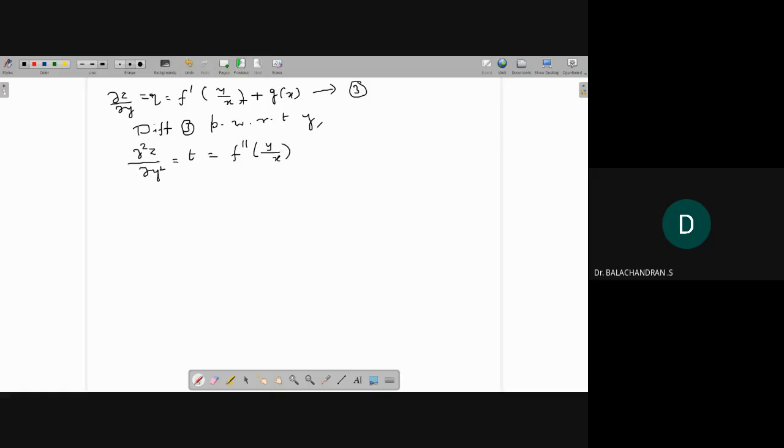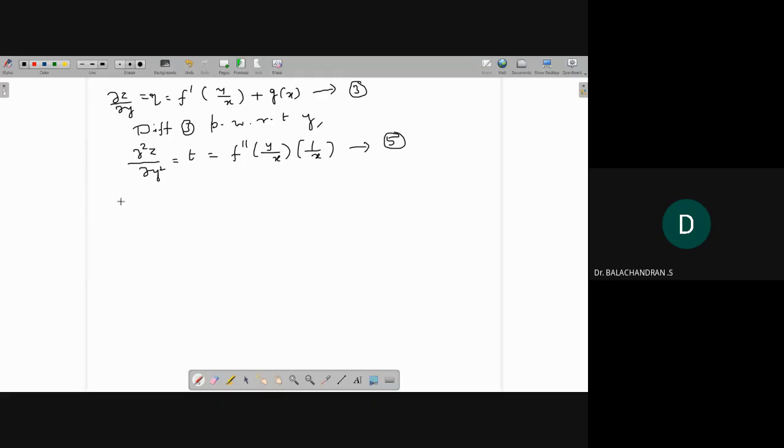If you differentiate y by x with respect to y, you will get 1 by x, plus this is a function of x, so differentiating with respect to y means 0. You call this equation number 5, because 4 was already used in the previous slide. Now we have P, Q, R, T.